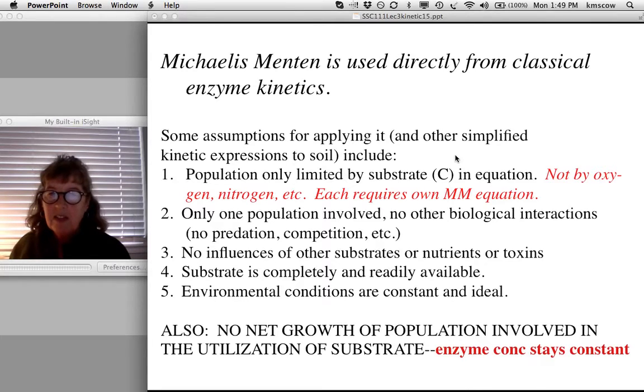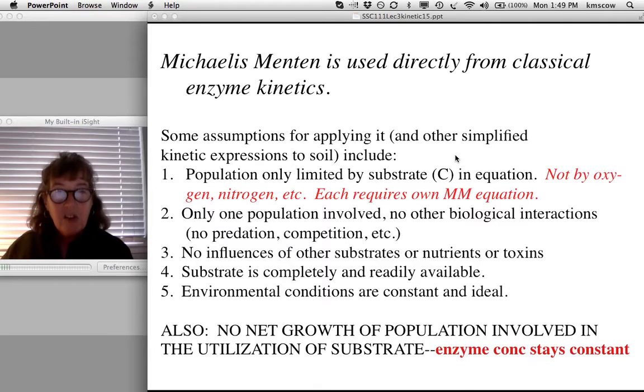Also, this is extremely important for soil. That substrate is completely and readily available. There is nothing that's going to hold back the access of the organism to that substrate. Remember, this is also from the last lecture. Do you remember some of the phenomena that reduce the availability of substrates?